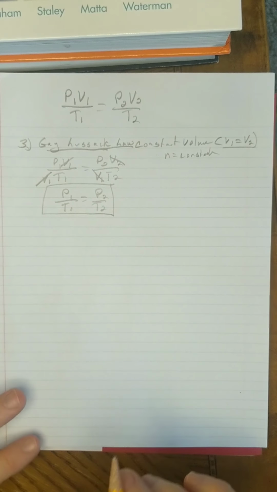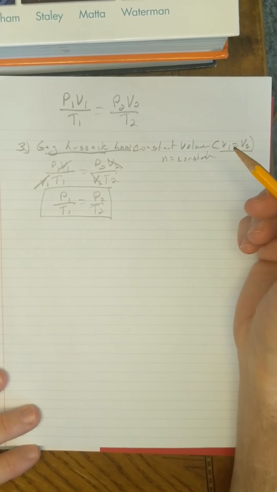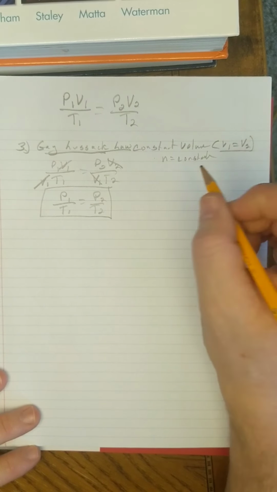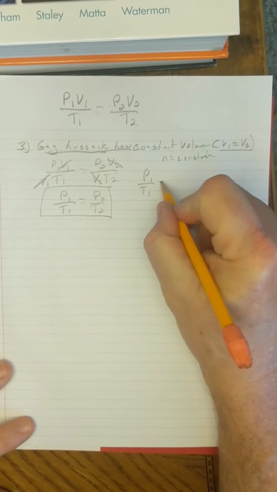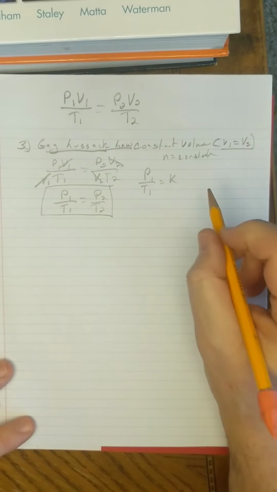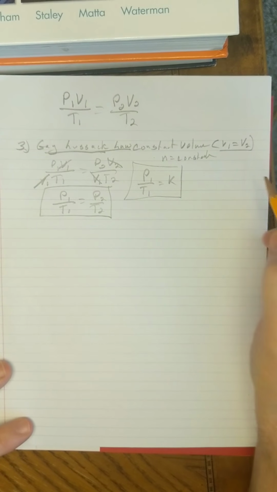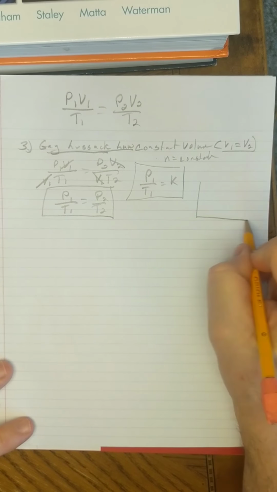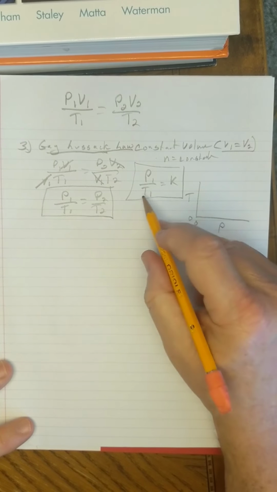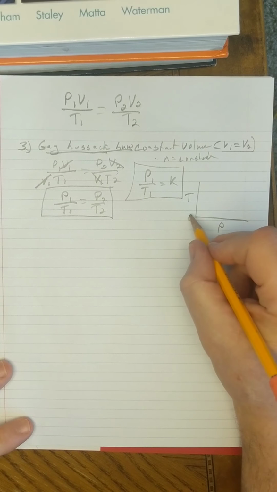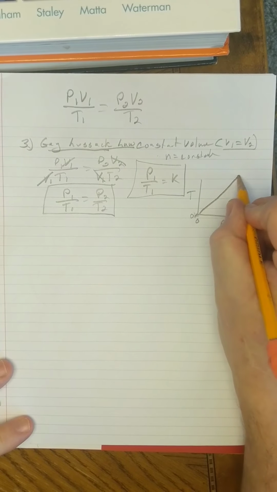And when you're applying these, you really don't have to know whose name they are. You just have to know which variables are constant. P1 over T1 is a constant. Again, if you graph this, when you come down to zero pressure, you got 0 degrees Kelvin, K, and it's a straight line.